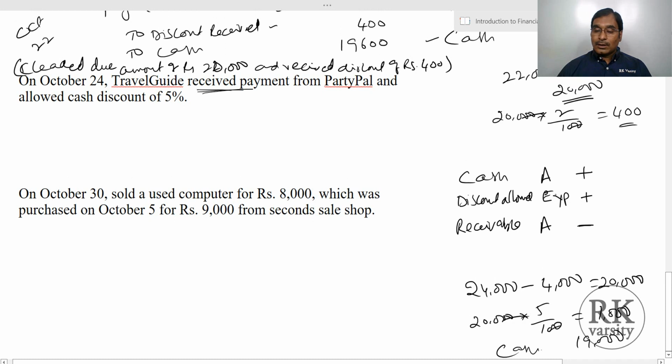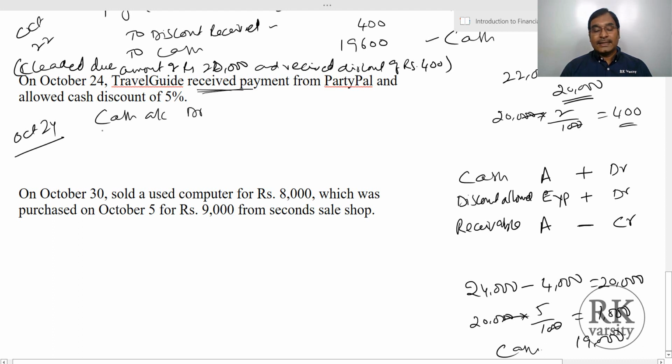Now here increase in asset, debit, then discount allowed expenditure, increase in expenditure is a debit, decrease in asset is a credit. So we generalize this transaction saying that October 24th, which accounts to be debited? One is a cash account debtor.